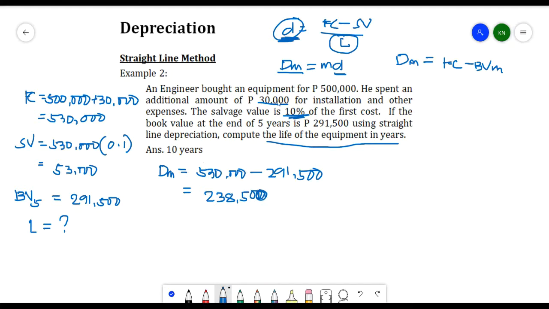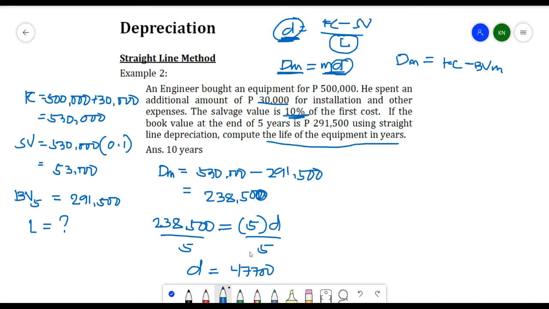And from here, we can solve for our D. Substituting the value of our DM, we have 238,500 equivalent to M, which is 5, and D, which is missing. So we'll just divide both sides by 5. Our D now is equivalent to 47,700. From that, we can already solve for our L because we already have the value of our SV, our FC, and our D.